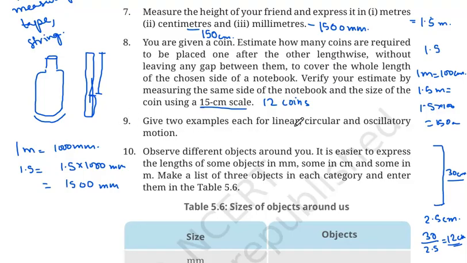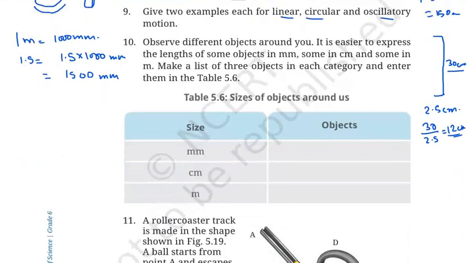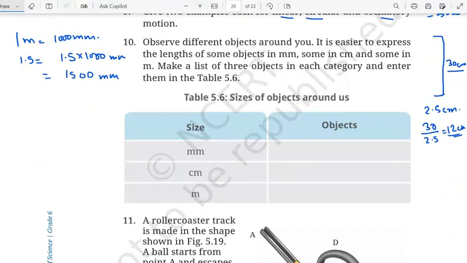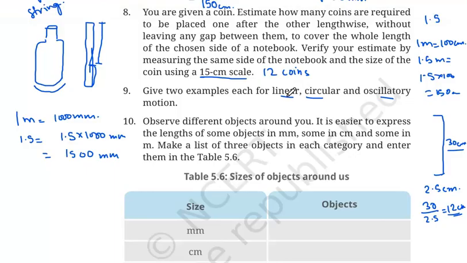Now, question number 9. Give two examples each for linear, circular, and oscillatory motion. Linear motion, as I told you, is motion in a straight line. Can you give any two examples of linear motion?